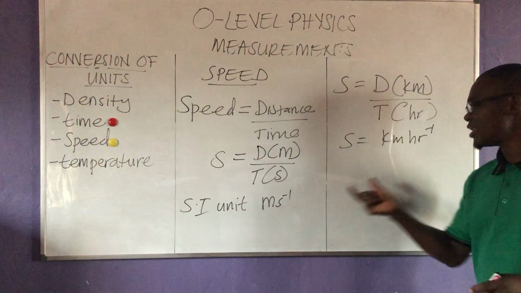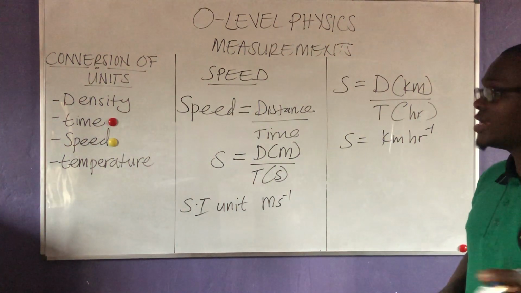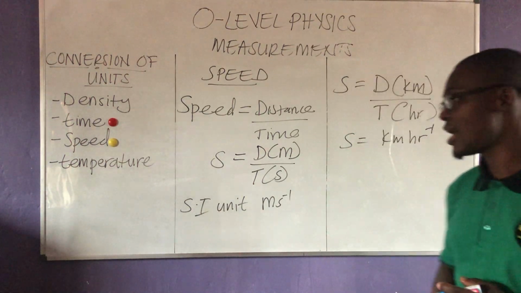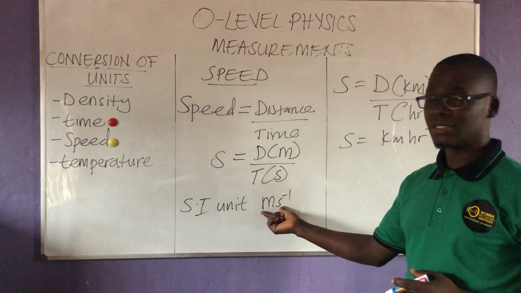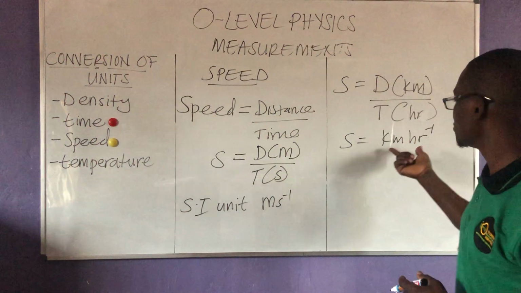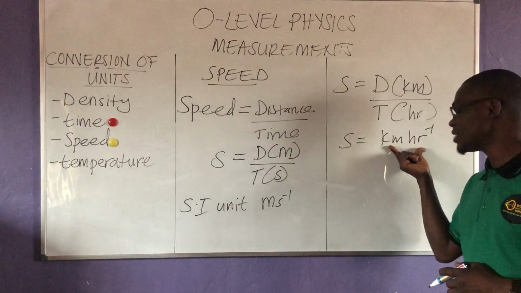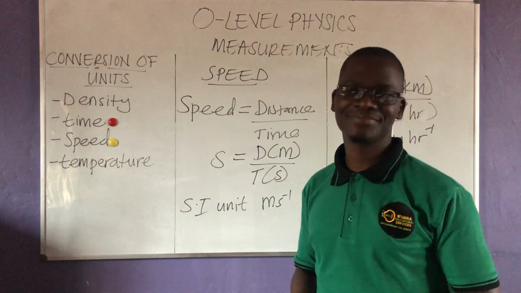These are the commonly used units of speed, and therefore, under conversion of units, we shall be looking at how we convert meter per second to kilometer per hour, and from kilometer per hour back to meter per second.